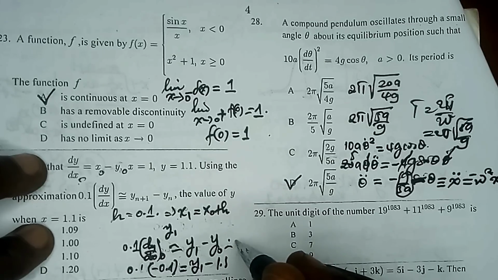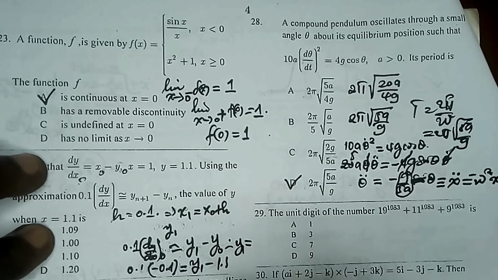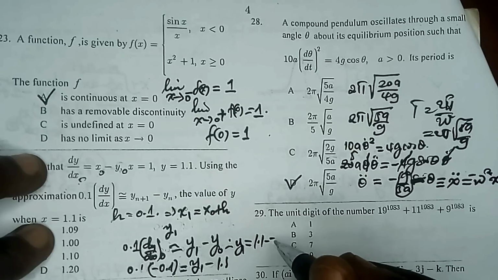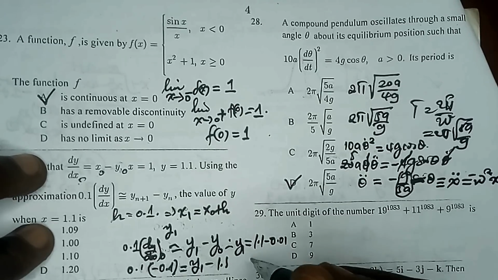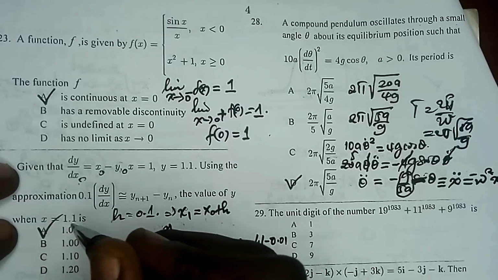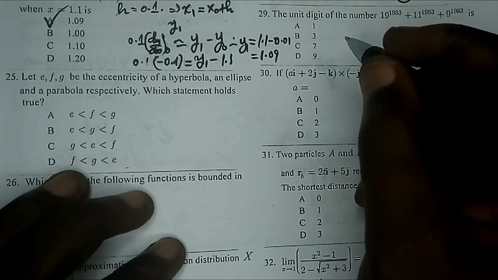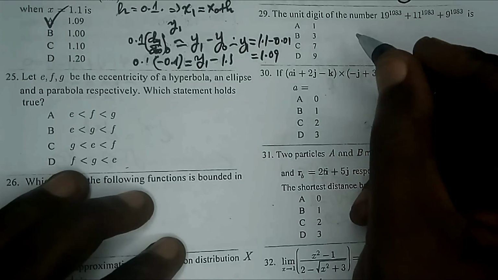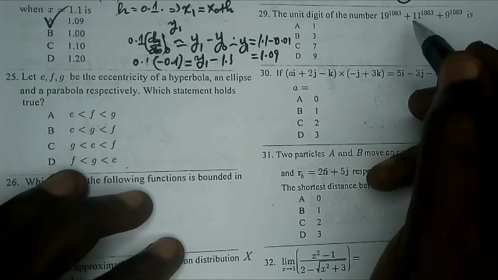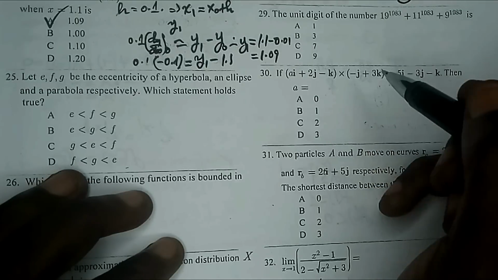And so y1 should be 1.1 minus 0.01, which should correspond to 1.09, which is A.